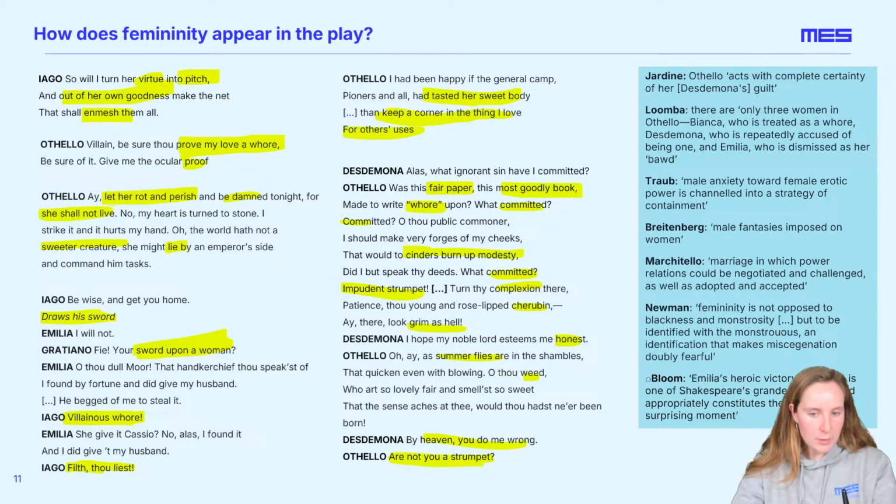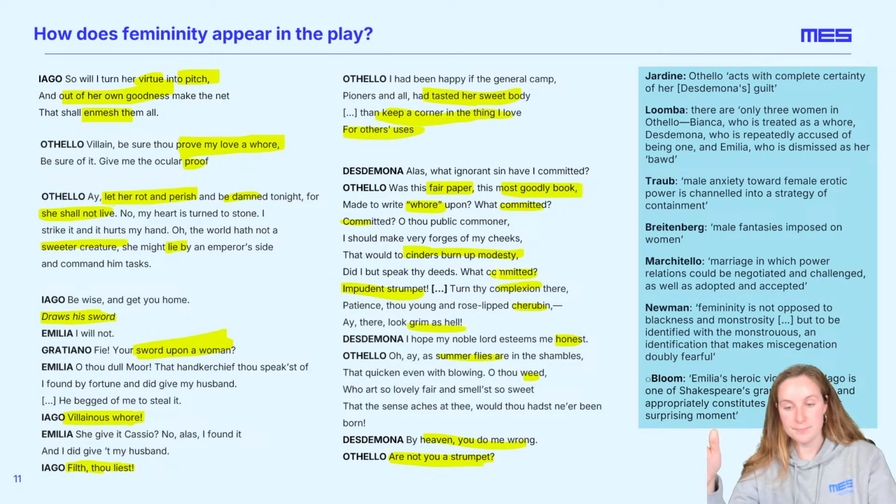And then, I hope my lord esteems me honest. He says, oh yeah, like summer flies covering something diseased, etc. Essentially, no, I don't. And he calls her a weed, something that smells sweet, but shouldn't be there or is wrong in some way. I wish you were never born. It would have been better if you hadn't been.